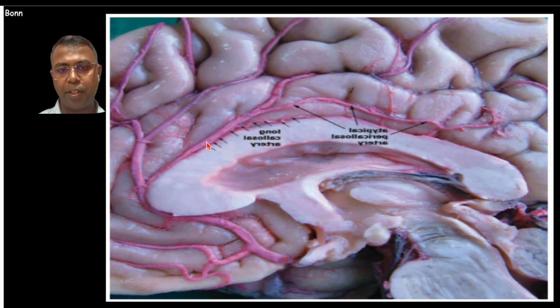One is the Peri Callosal artery running across the upper border of the corpus callosum here like this, and the other, the most common branch we see, is the callosal marginal artery, and it runs along the upper border of the callosal sulcus. Again it has three branches: the anterior, middle and the posterior inferior frontal arteries.